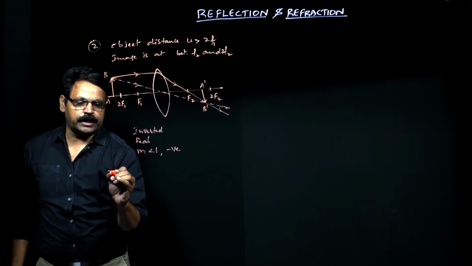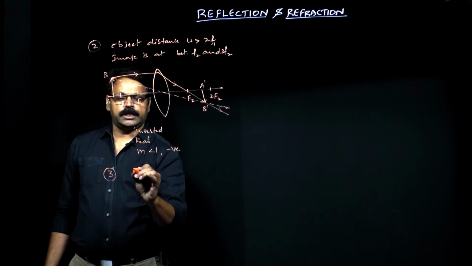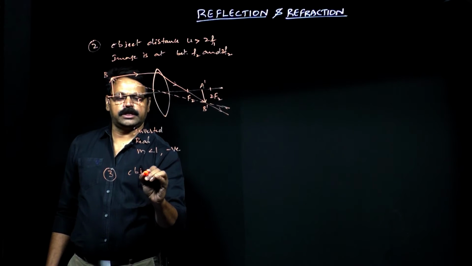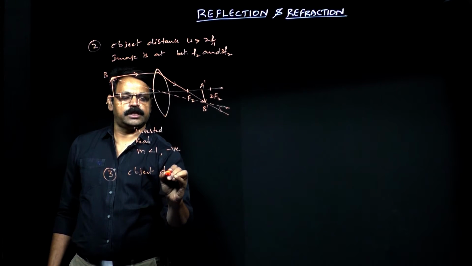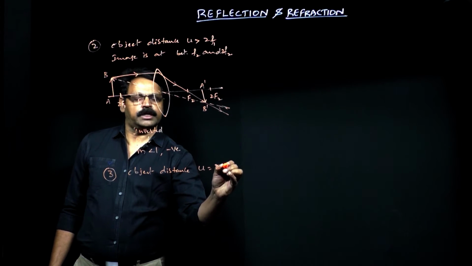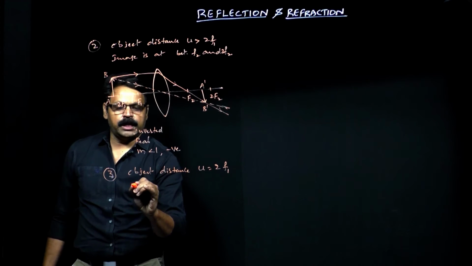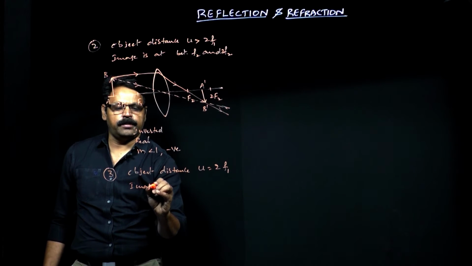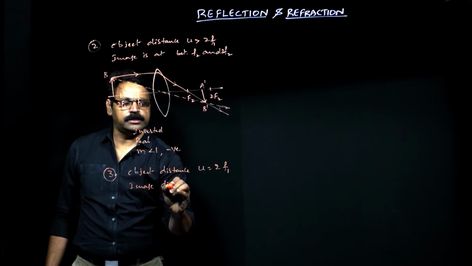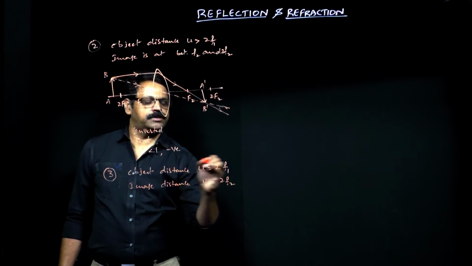Similarly, in the next case, the object distance is u equal to 2f1. So it is placed at 2f1, and the image distance v will be 2f2.